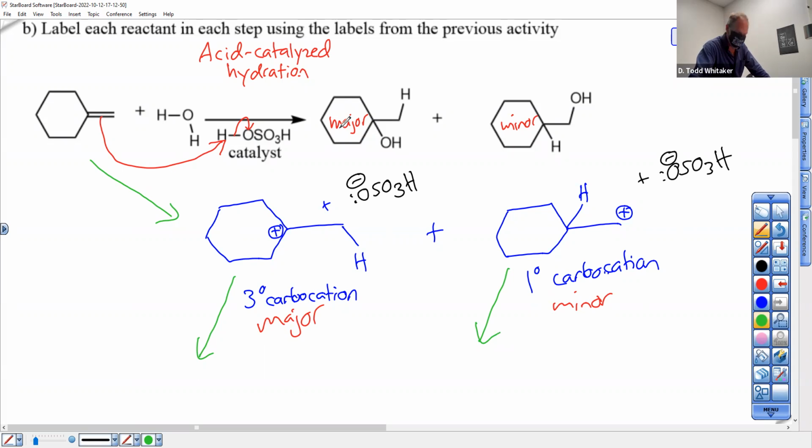Where does it come from? What's the closest thing to OH over here? Of these 3 things, which one looks closest to being OH? Water is only different by a proton. So water is the attacker now. Does water not have lone pairs? It does.